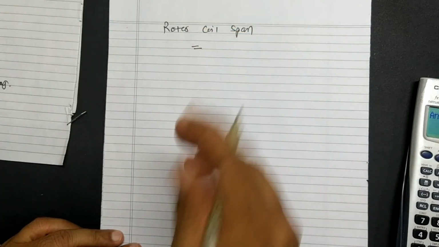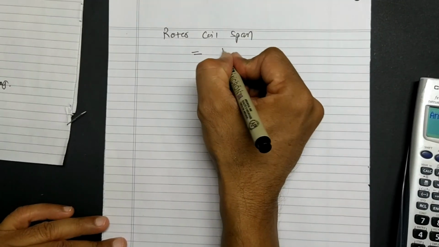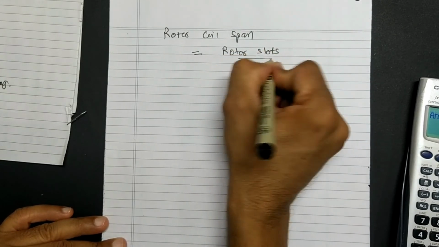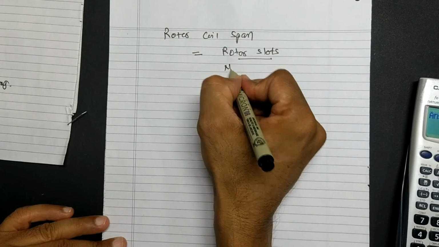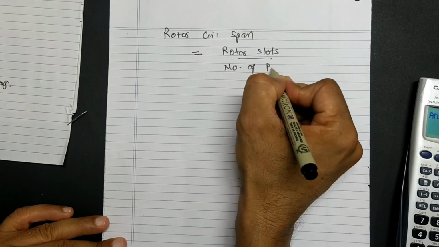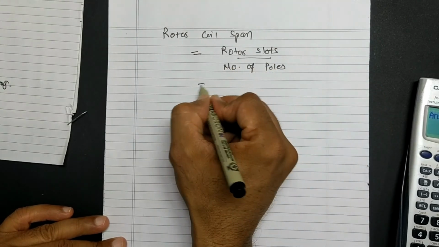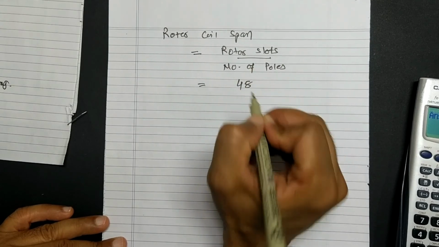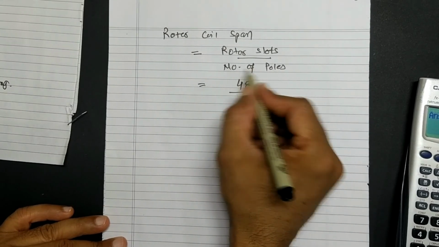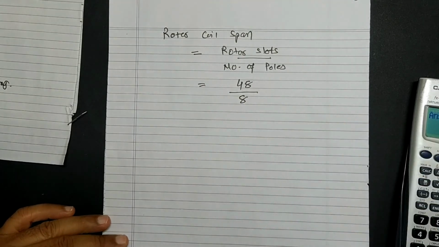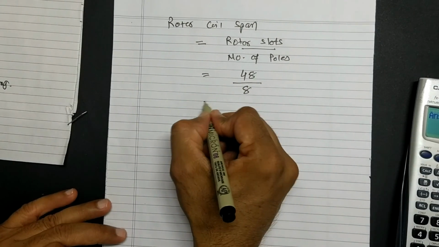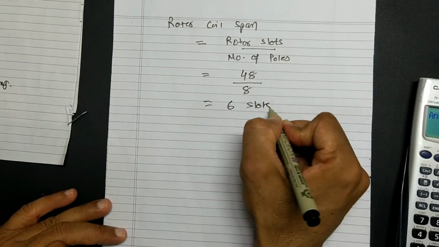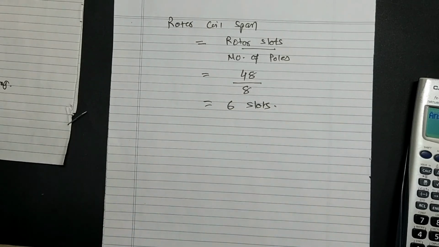We have total rotor slots divided by number of poles. In case of rotor we have taken 48 slots and the number of poles is 8. So the coil span comes to 6. This is our coil span.